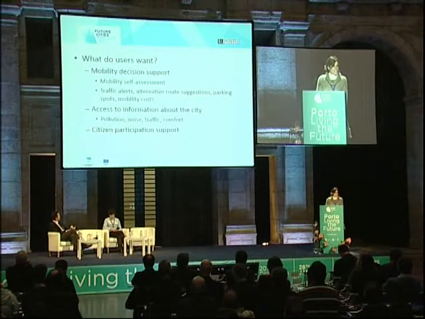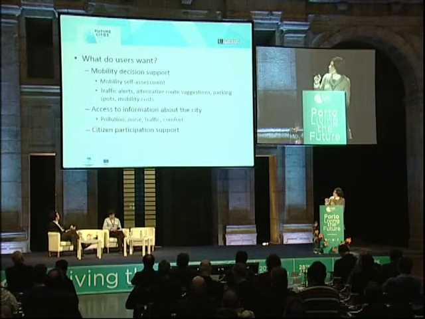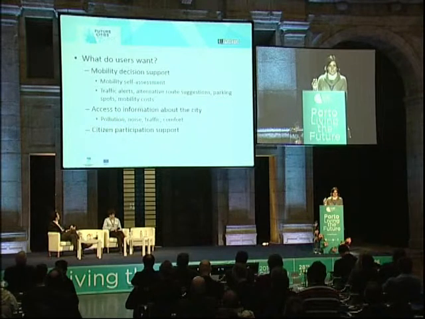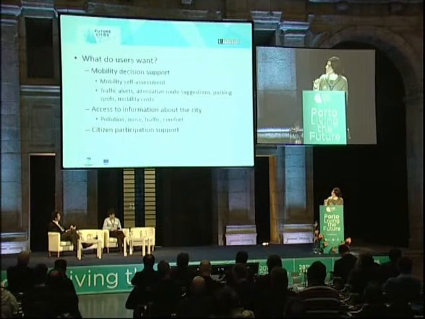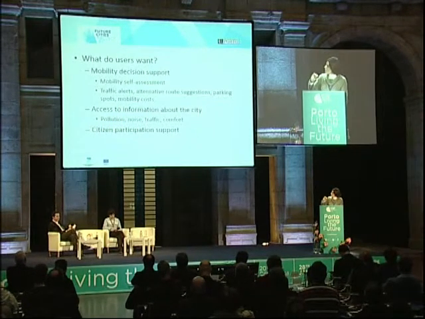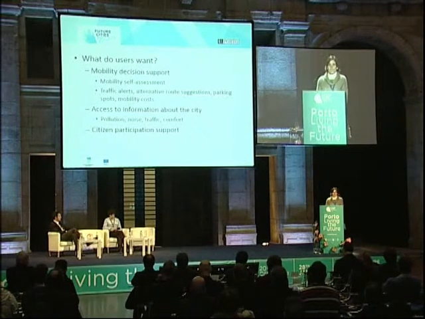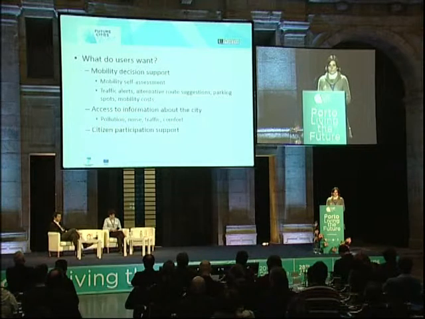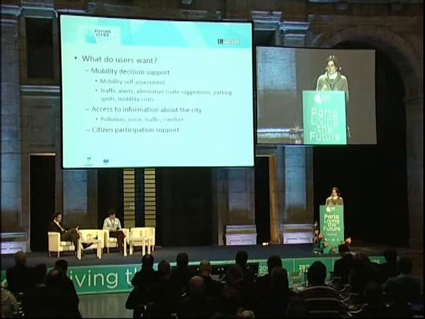So what would they like to have? One of the things that we also got as feedback from the people participating in the crowd sensing data gathering is that people are very keen on having information about their own mobility. So comparing their own trips, being able to compare: is it faster, more efficient, more cost efficient, is it shorter to go this way or the other way?